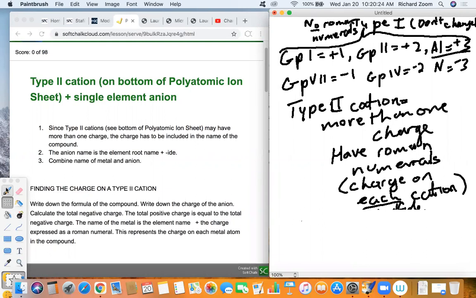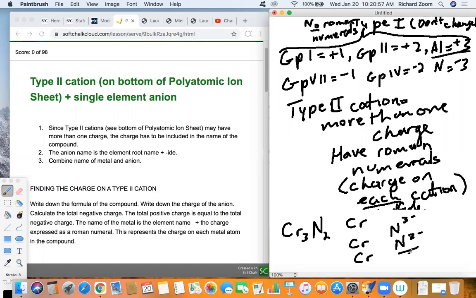All right. Let's see, chromium, we'll do chromium Cr3N2. So we'll name this one, and again, we draw a picture. It's going to be 3 chromiums, 2 nitrogens. Nitrogen's -3, which means that's -6, which means the chromiums are +6.